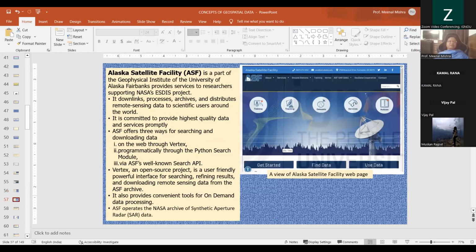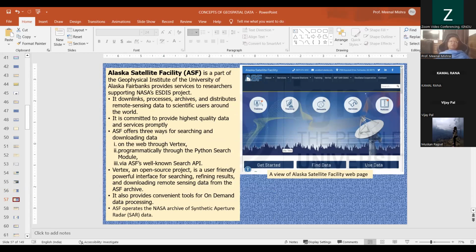Then the Alaska Satellite Facility, that is ASF. It is a part of the Geophysical Institute of the University of Alaska Fairbanks, and it provides services to researchers.